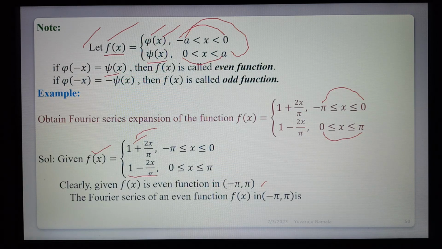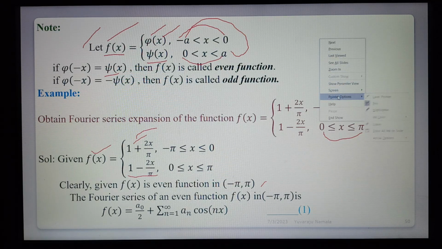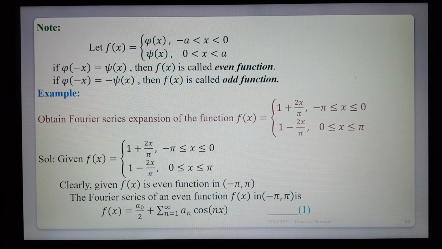Therefore the Fourier series of an even function f of x in the interval minus 5 to 5 is f of x is equal to a naught by 2 plus summation n is equal to 1 to infinity a n into cos nx. Now finding the a naught and a n values. So a naught is equal to 2 by 5 integration 0 to 5 f of x dx.